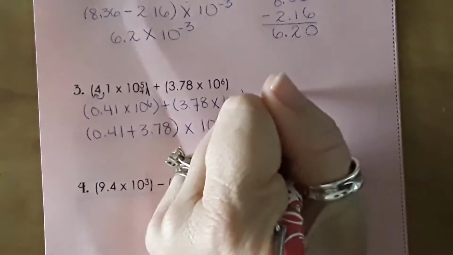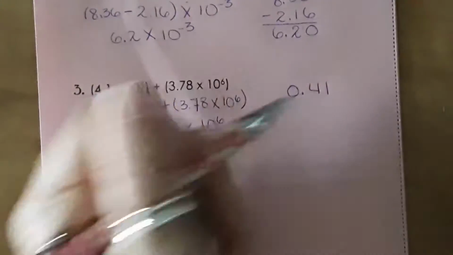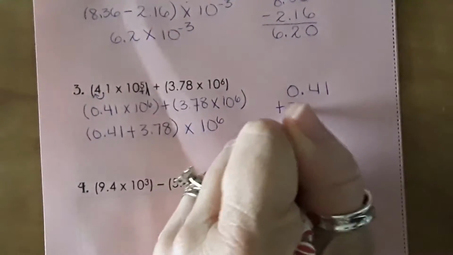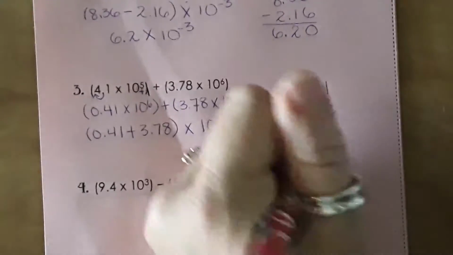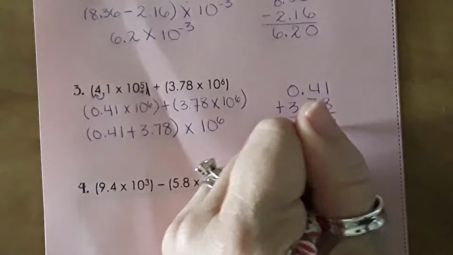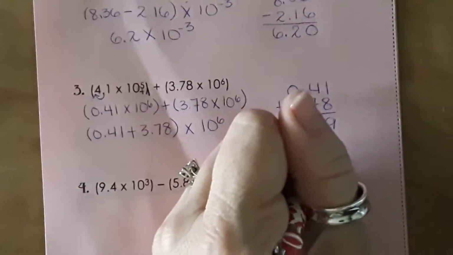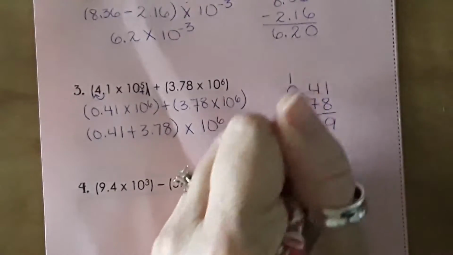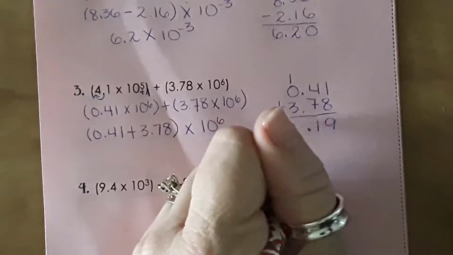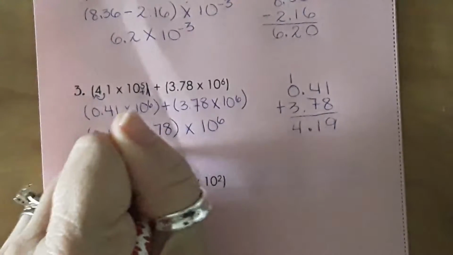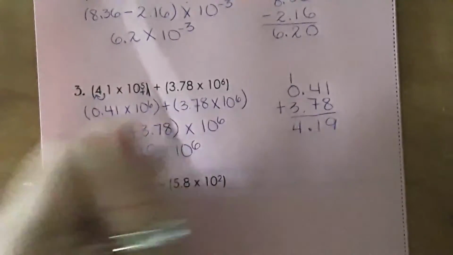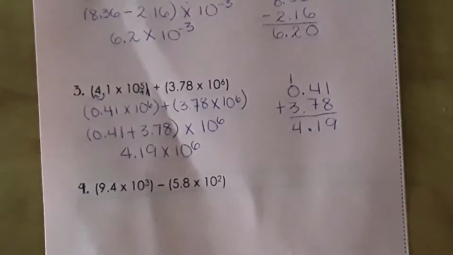Like I told you before, let's match up our decimals. 0.41 plus 3.78. 1 plus 8 is 9. 4 plus 7 is 11. Bring over my 1. 1 plus 3 is 4. So it's 4.19 times 10 to the 6th power.